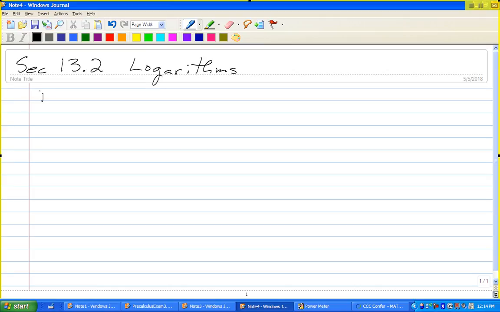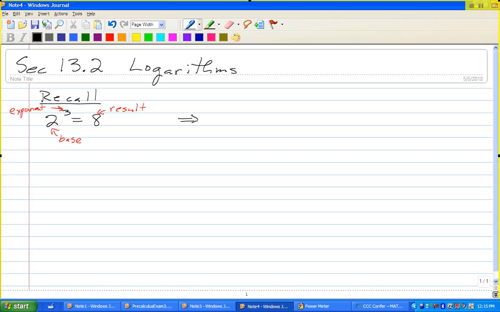Okay, so first let's recall 2 cubed is 8. And so I have here a base of 2, an exponent of 3, and I have my result of 8.